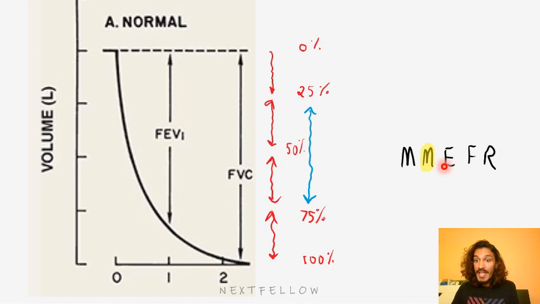It is also called FEF 25 to 75%. 0 to 25 will be the large airways, and 75 to 100 will be the small ones. So that is your maximum mid expiratory flow rate.